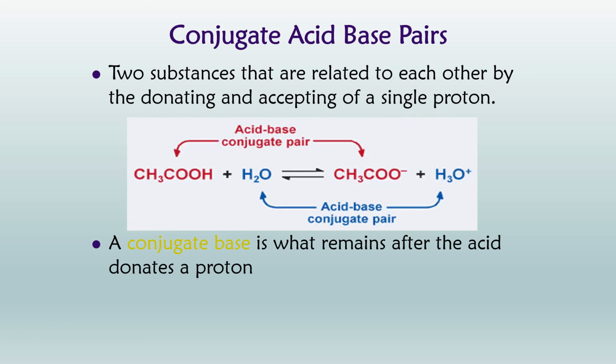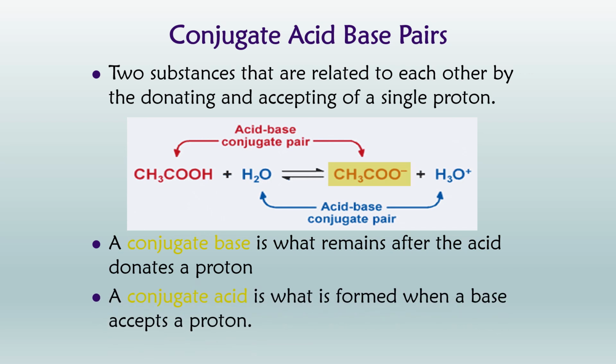For example, in this example that we see, the acid is CH3COOH, which is the acetic acid, and after it has released its hydrogen, forming that acetate ion, that is going to be the conjugate base, because that is what's left off after the acid has donated its proton.